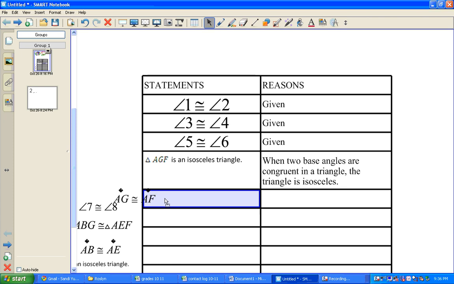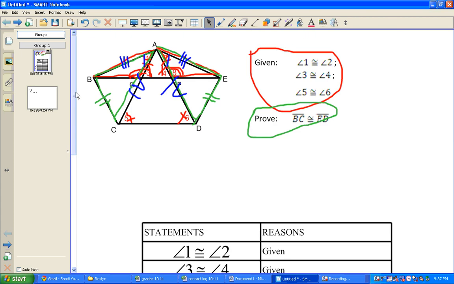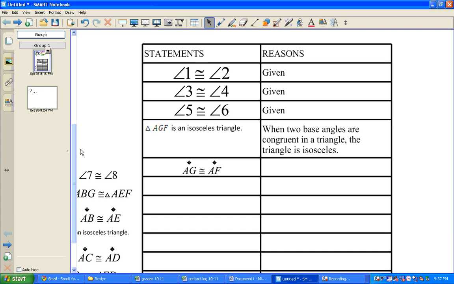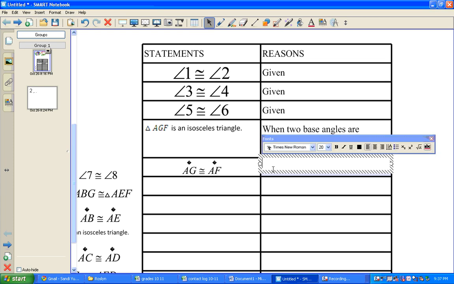Because it's an isosceles triangle, we get to realize that, in fact, I'm sorry, line segment AG must be congruent to AF. Those are these two line segments. AG is congruent to AF. Now, why? The famous CPCTC.